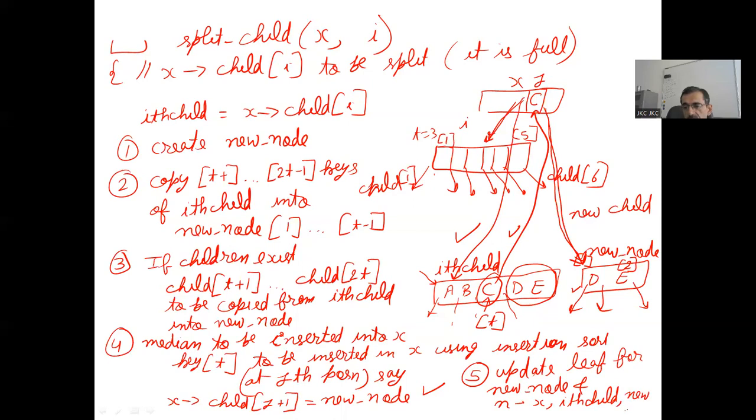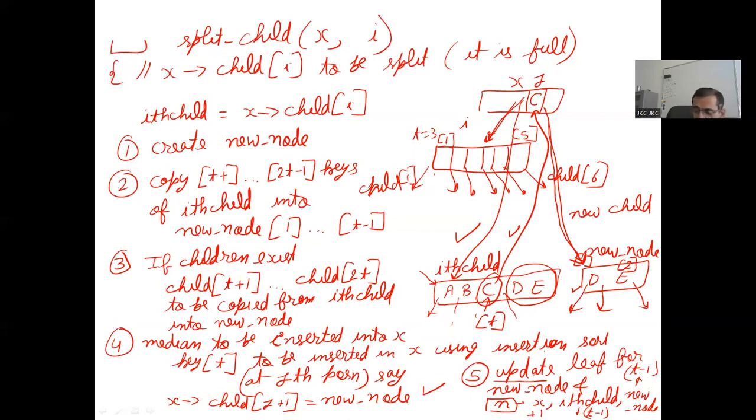For X, n increases by 1. For the ith child, n becomes exactly t minus 1. For the new child also, it becomes exactly t minus 1. The previous n is different, so n will be updated. More or less, this will be the logic.